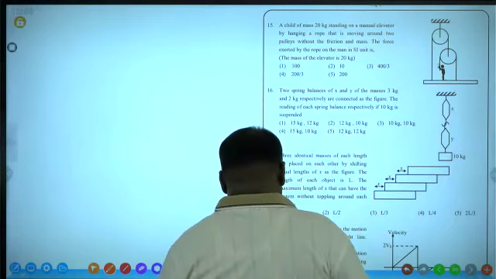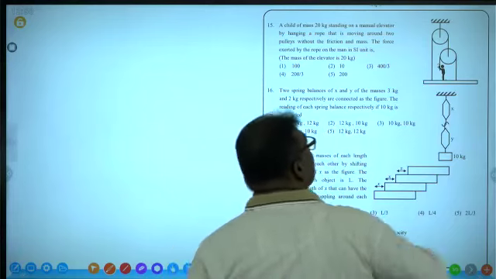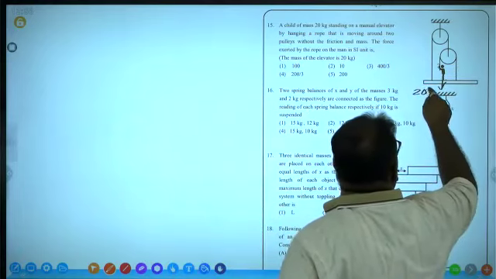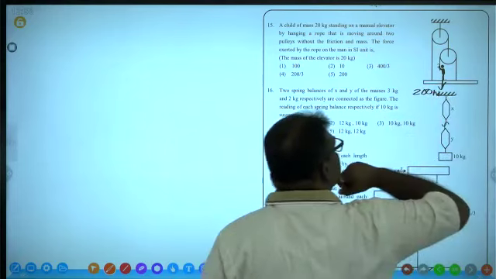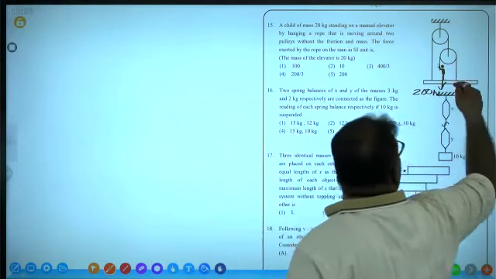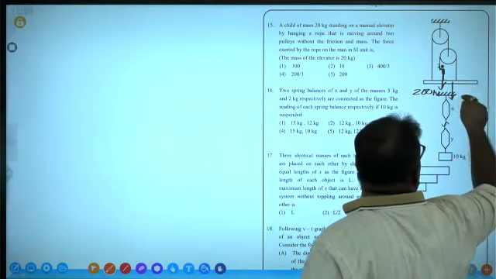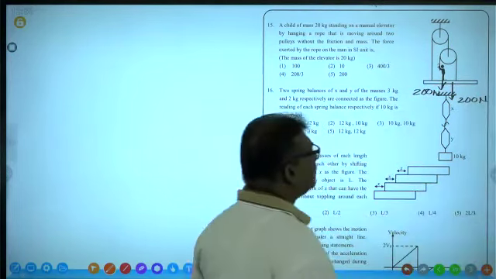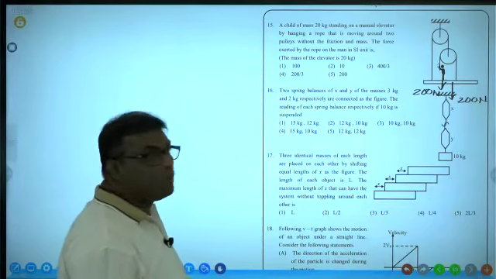And the elevator is also 20 kilogram. Then this person has 200 Newton, and the elevator base also has 200 Newton. Then total weight is 400.